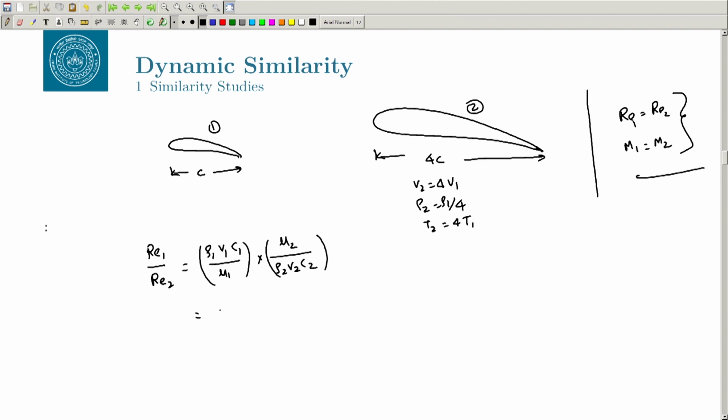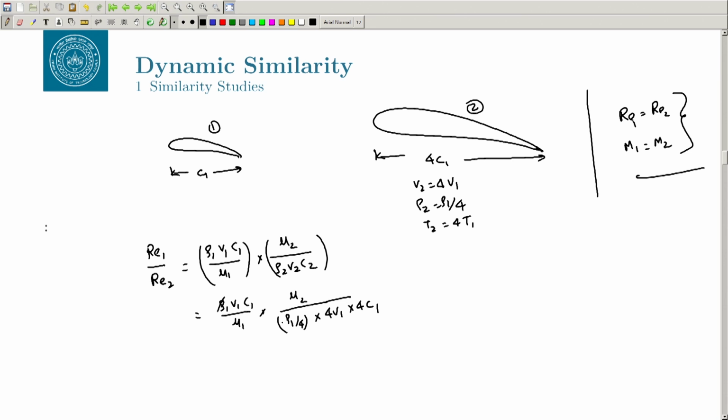So, express everything in terms of state 1. This is rho 1 V1 C1 by mu 1, and then mu 2 would be written here, rho 2 equal to rho 1 by 4, V2 is 4 V1 and C2 is equal to 4 C1.